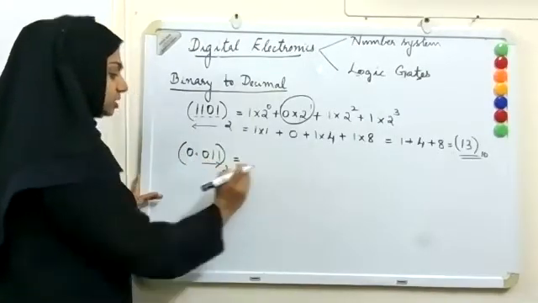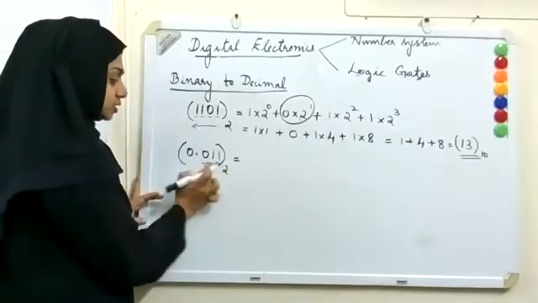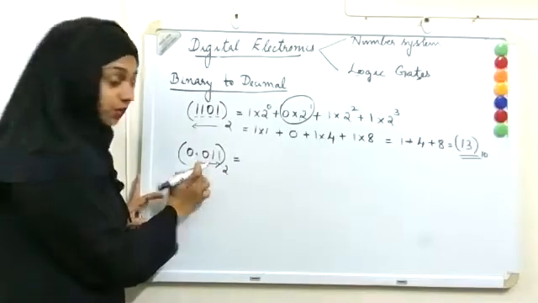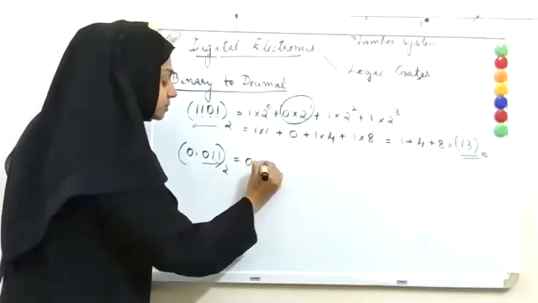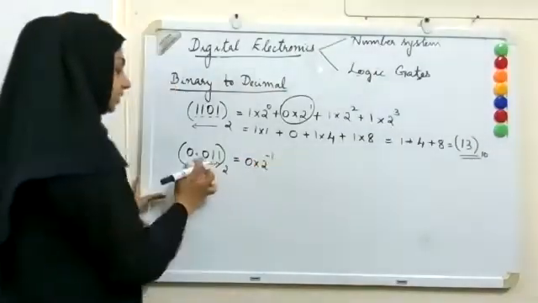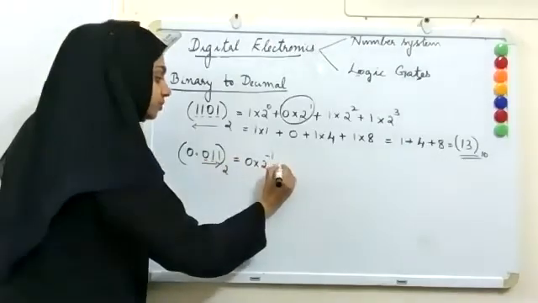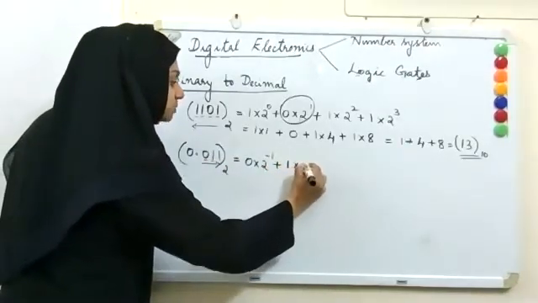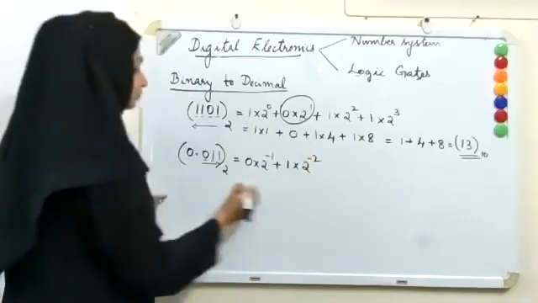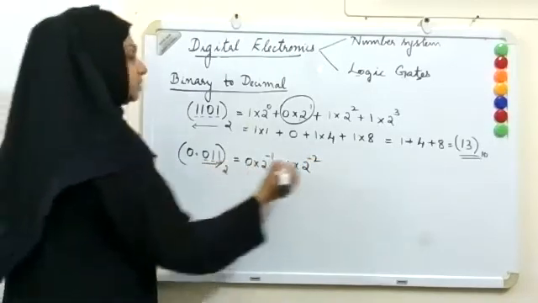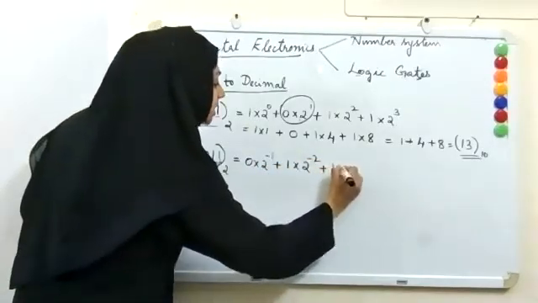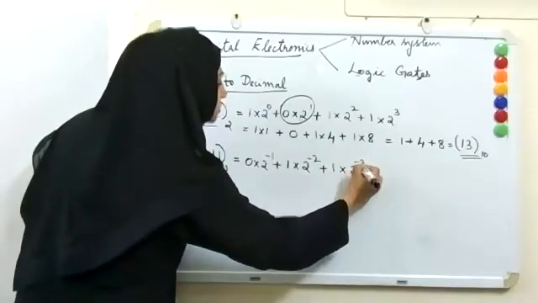Let me go in this direction. I have to start with 0, so 0 times 2 raised to minus 1. Next comes 1, so plus 1 times 2 raised to minus 2. Next is 1, so plus 1 times 2 raised to minus 3.